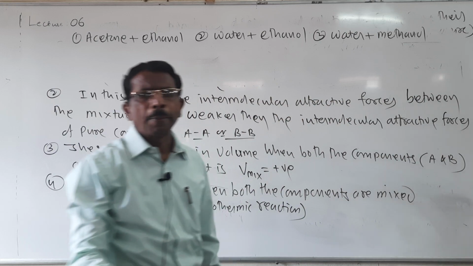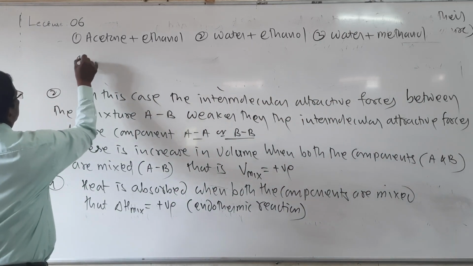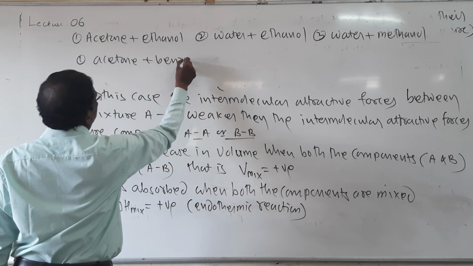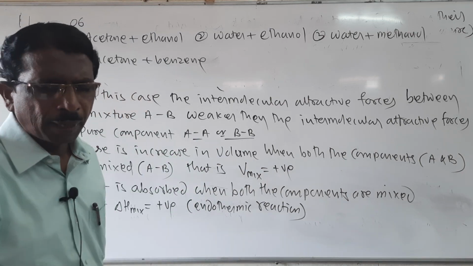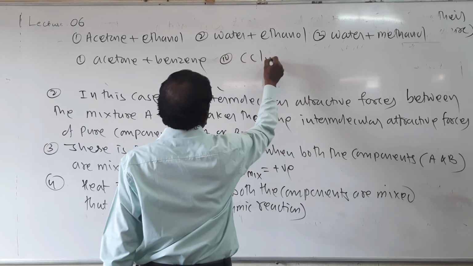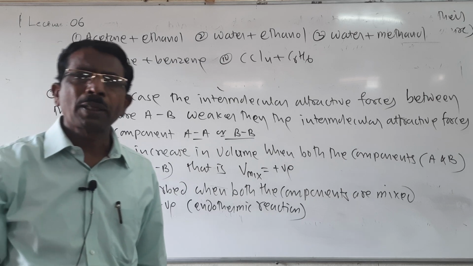You may even write acetone and benzene. So, these are the examples. You may also write carbon tetrachloride and benzene, that is CCl4 plus C6H6. So, it is about non-ideal solution.